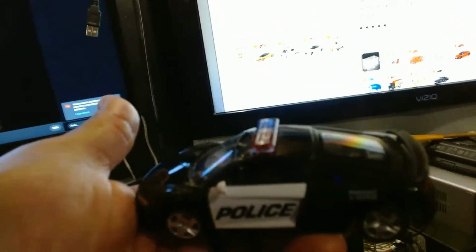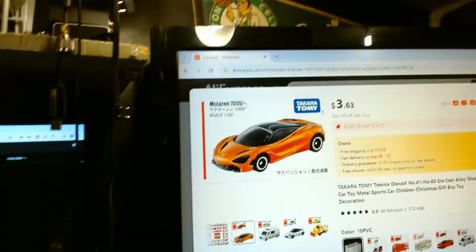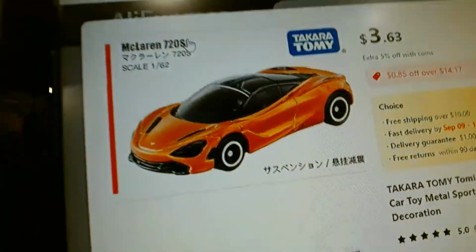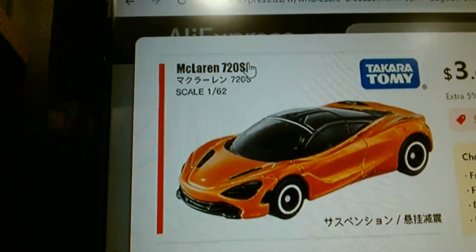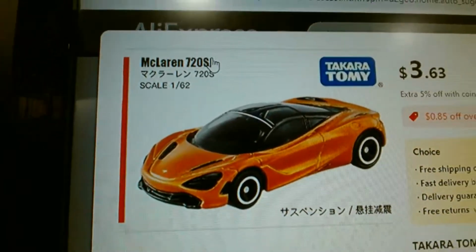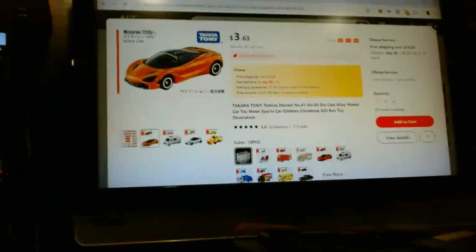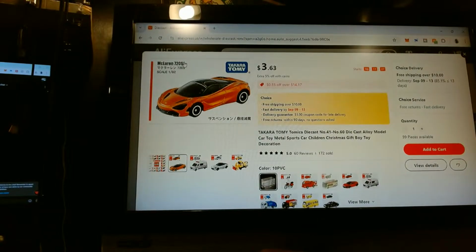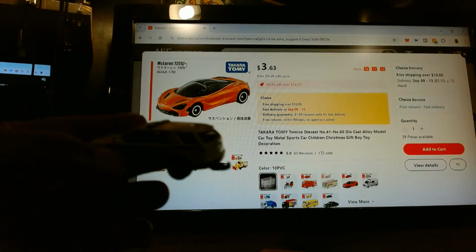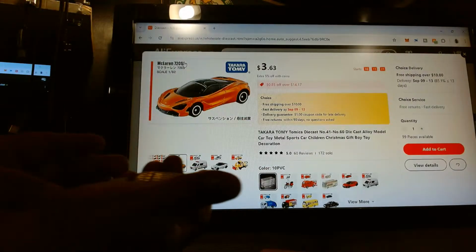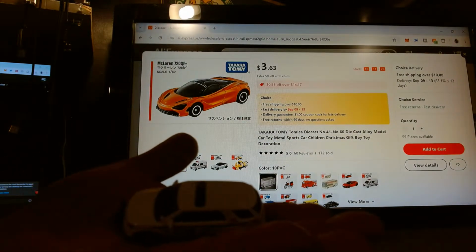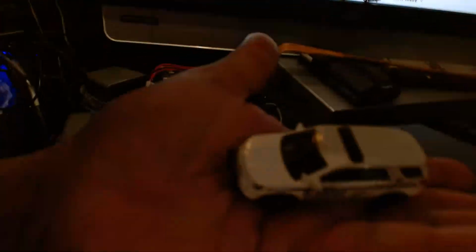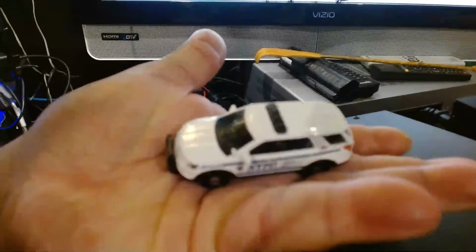So what you got to pay attention to is that. That's the main thing. When you're shopping for these cars, if they can display the scale, which they should, but sometimes they don't display the scale. Look at the scale. Because if you're looking for something like a Matchbox, okay, that is 1:87 scale.